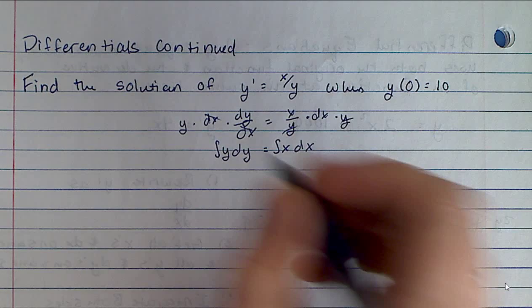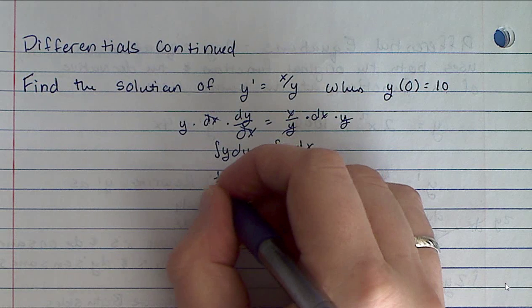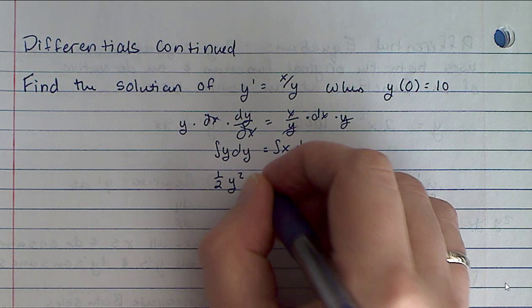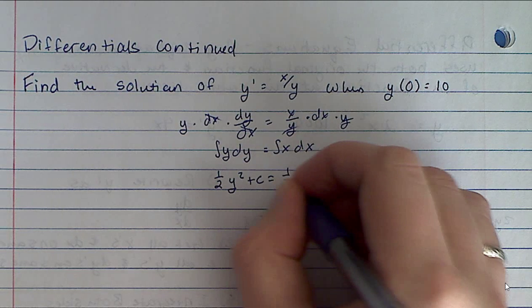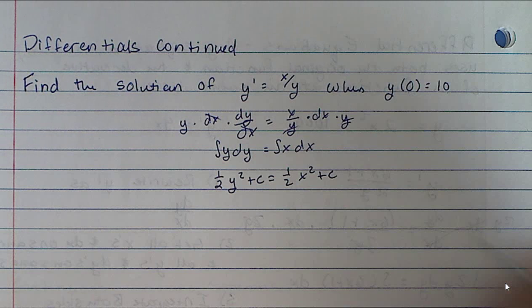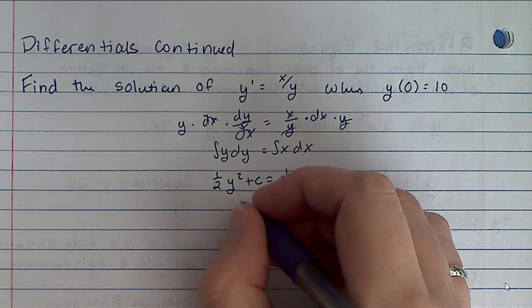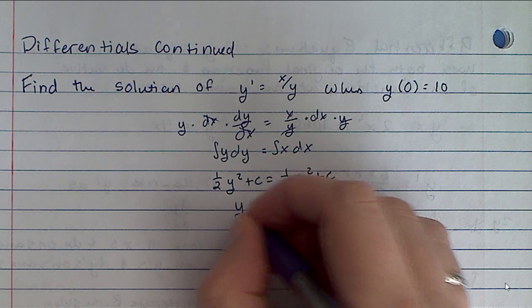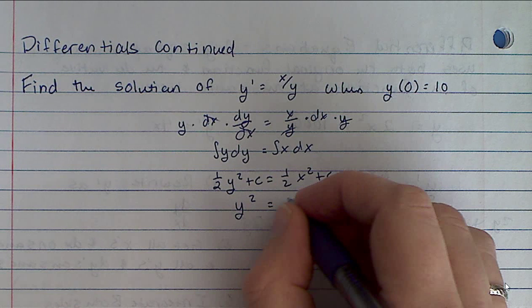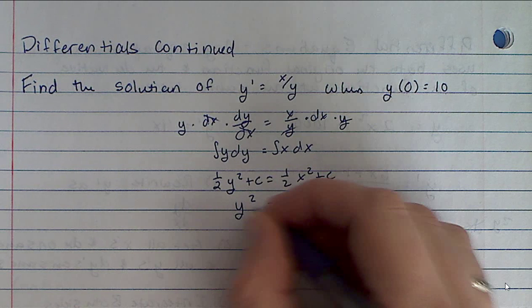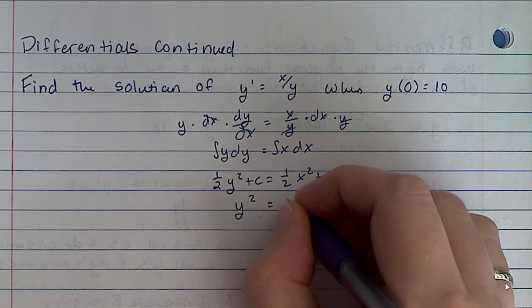And I've got 1/2 y squared plus c is equal to 1/2 x squared plus c. And then subtract the c's from both sides, multiply both sides by 2. And before I take the square root, I get y squared is equal to x squared plus c.